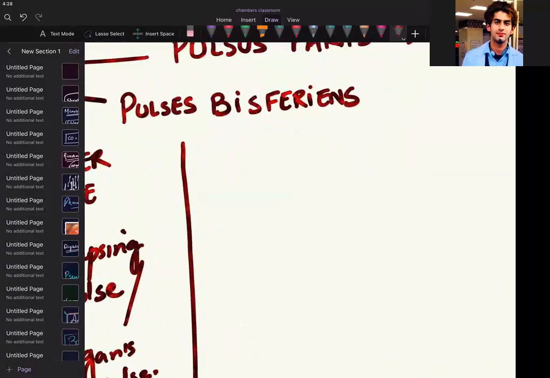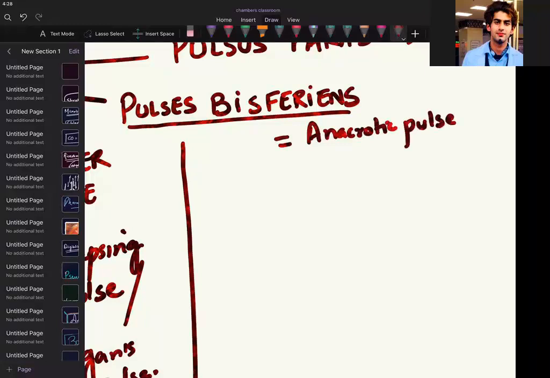Now, pulsus bisferiens is basically, to make it easy, anacrotic pulse plus collapsing pulse.